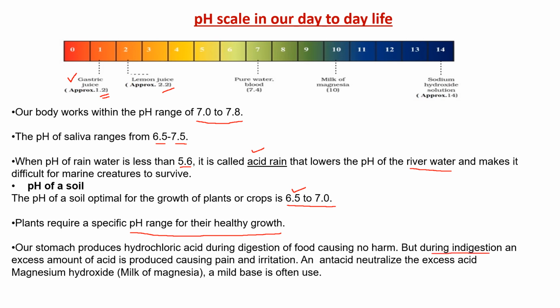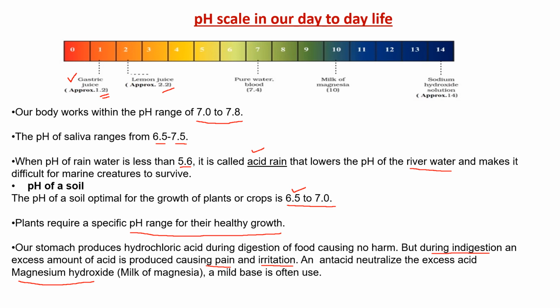This acidity is caused due to indigestion, when you eat something really heavy, very fatty food, heavy food, spicy food, you come across this type of acidity problem. So it causes pain and irritation, right? Due to the acidity, the doctor will always advise you to take magnesium hydroxide.